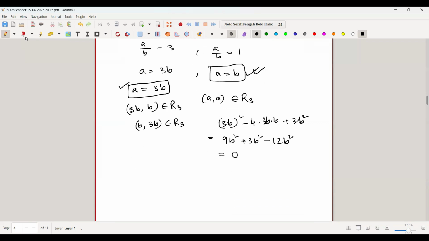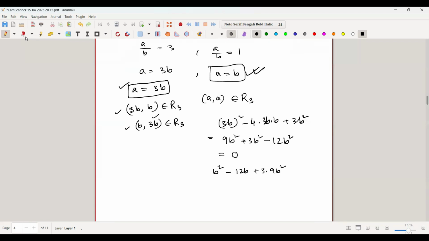If you reverse this element, that means B square minus 12B square plus 3 into 9B square, because in place of A we have 3B.